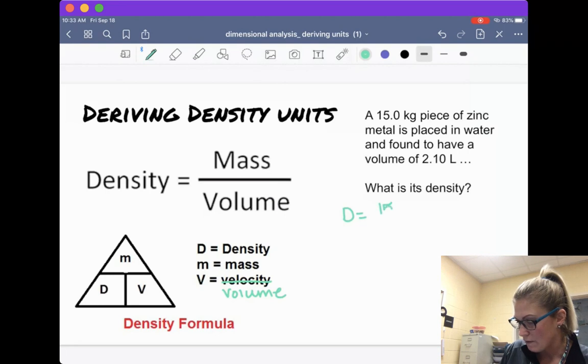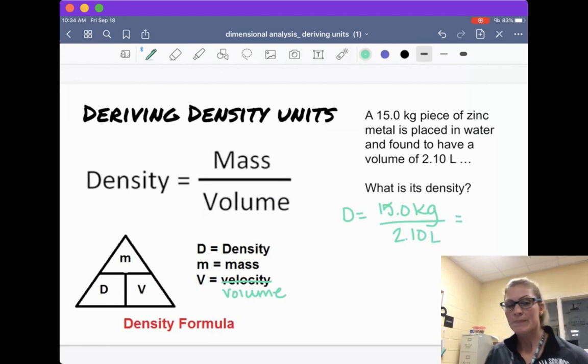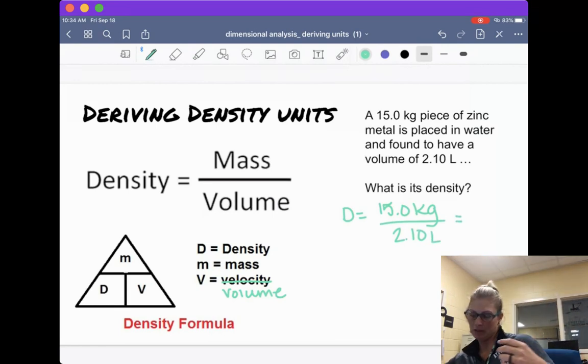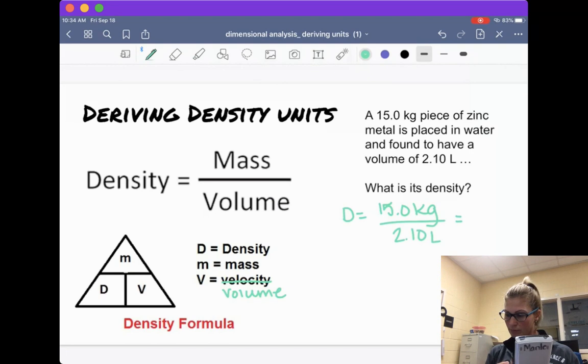So you had 15.0 kilograms divided by 2.10 liters, and you plugged it in and you found that the density of this piece of zinc was 7.143 kilograms over liters.